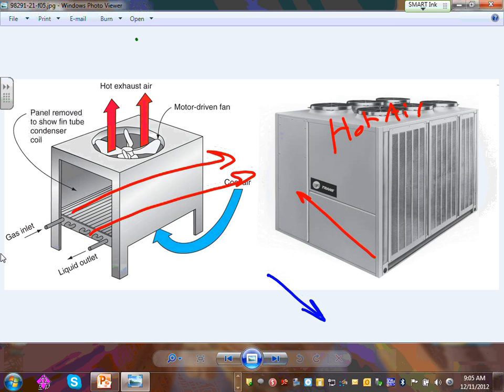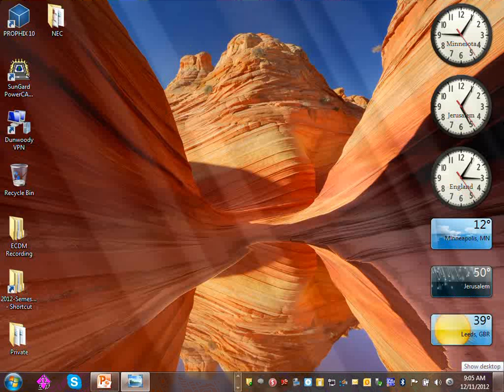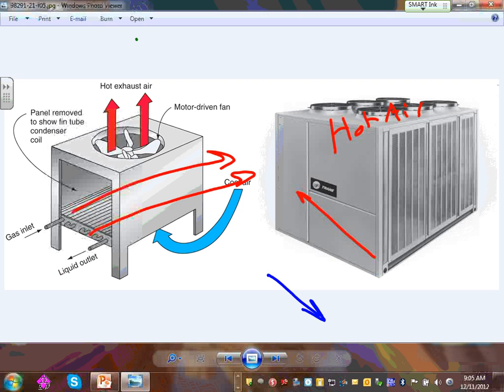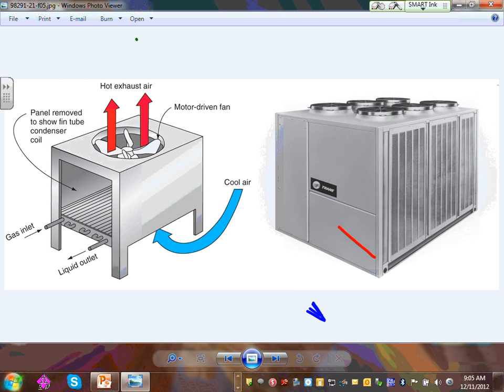This one is very clear. This is really cool. This is your condenser, and what they do is they blow the air into it, and you get exhaust hot air. Can you guys see that? So this is my condenser. They get gas here.